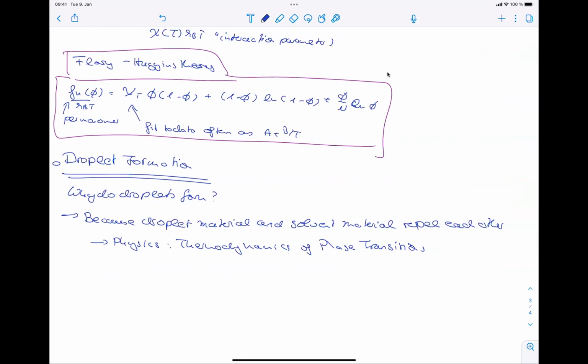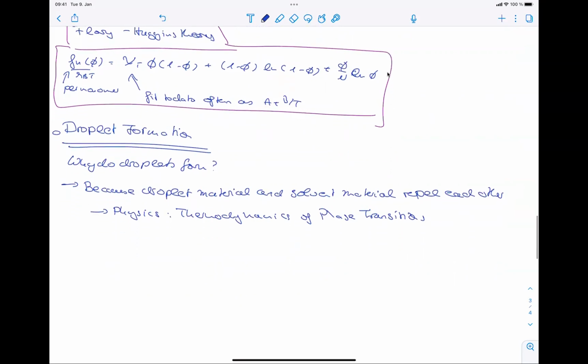To really look into the dynamics of a solvent of the droplet, it's useful to also first of all recap how I would describe an ideal gas.